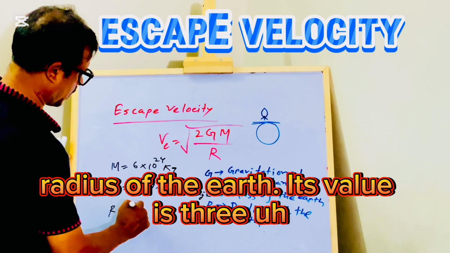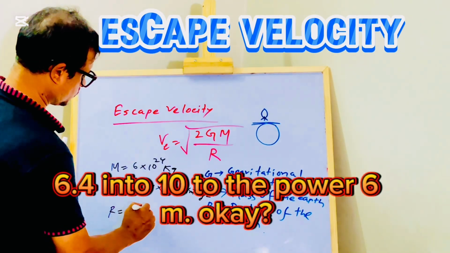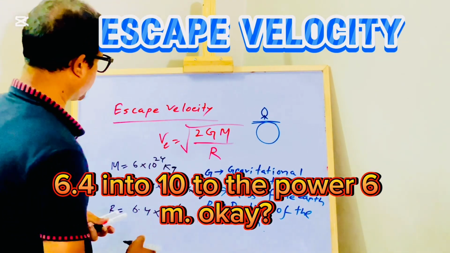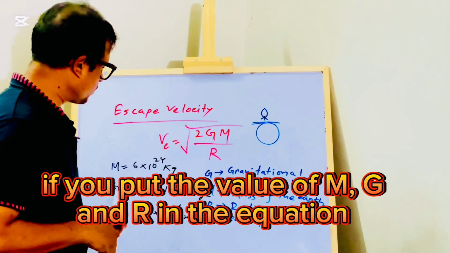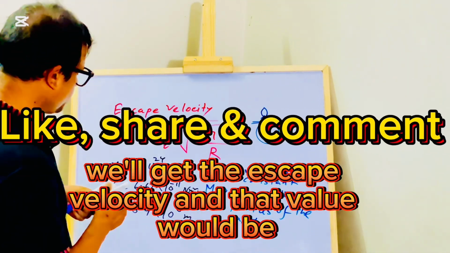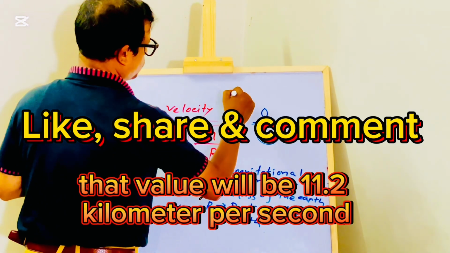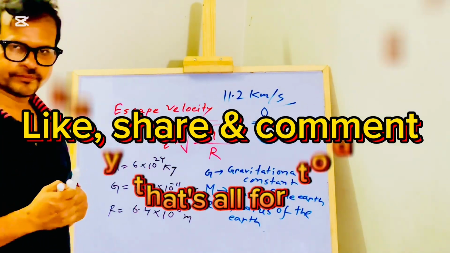Its value is 6.4 into 10 to the power 6 meters. If we put in the values of M, G and R, we will get the escape velocity, and that value will be 11.2 kilometers per second. Okay, that's all.